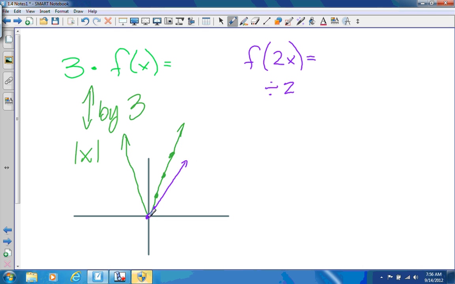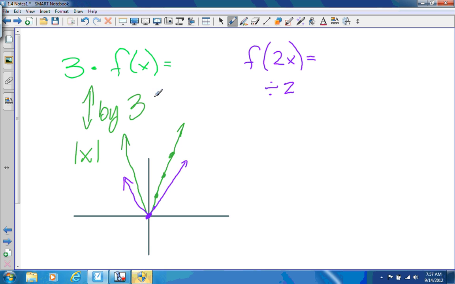Kind of has the same effect when you're dealing with absolute value. But know that when it's with the x, it's the opposite thing that happens, dividing the x values by 2, or whatever number. And when it's not with the x, if it's outside of the function, it is going to be the same thing with the y values.